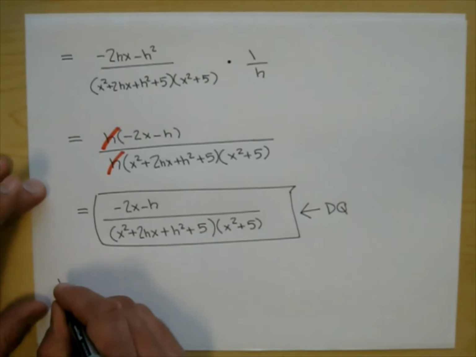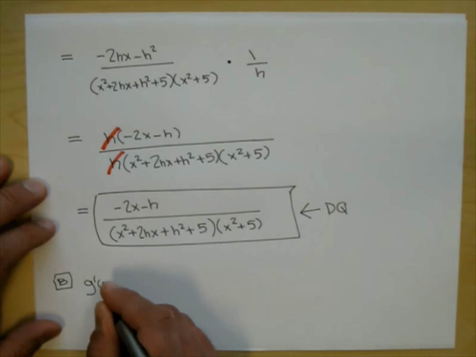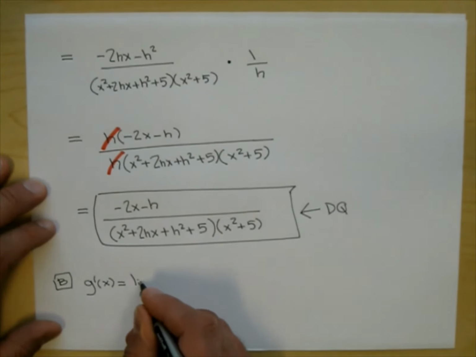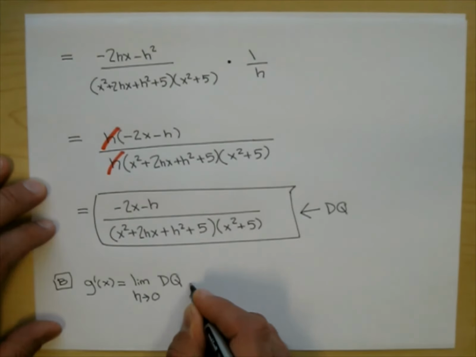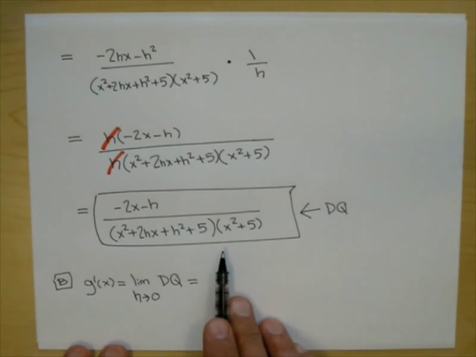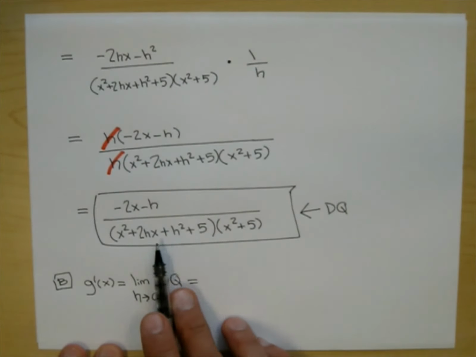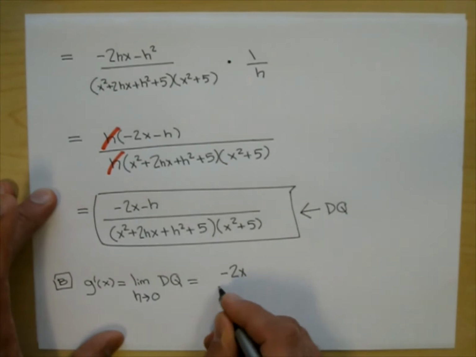So part B, what they want us to do is find the derivative of g using this definition here, using limits. The limit as h approaches 0 of dq. Okay, well think about this. The places where you see the h happen to be right there. That's going to be 0. And those two terms within those parentheses, those are going to zero out as well. So you'll have a negative 2x on the top.